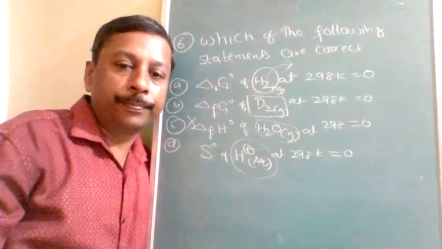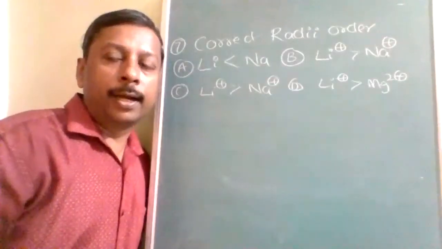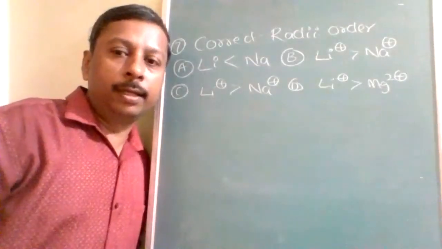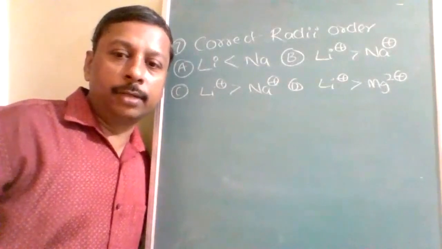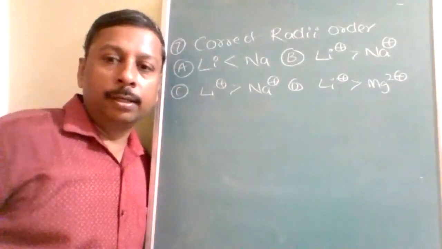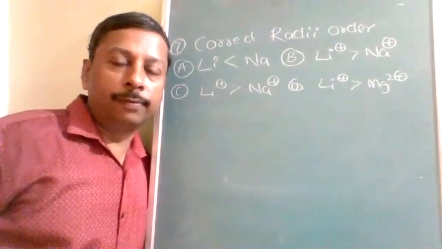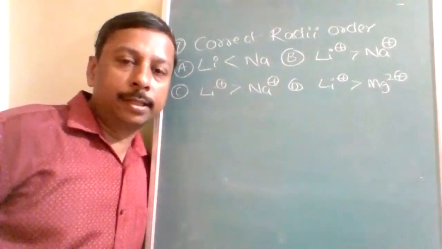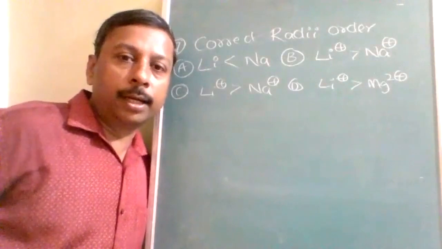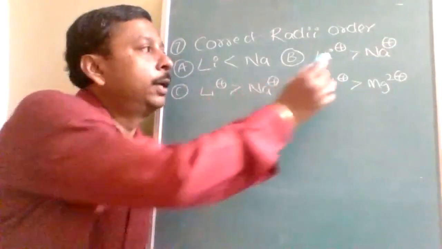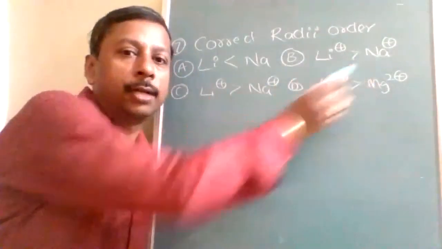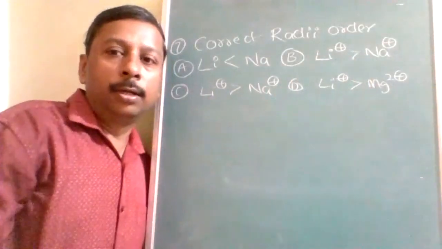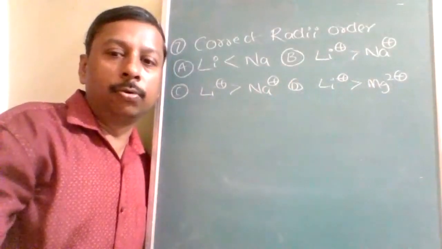Okay, here, correct radius. Radius varies according to the electronic configuration, according to the charge density, according to the period, and according to the group. So, it can be due to charge also, it can be due to period also, it can be due to group also.